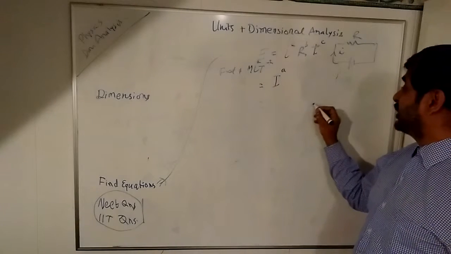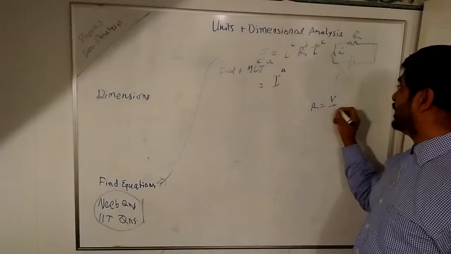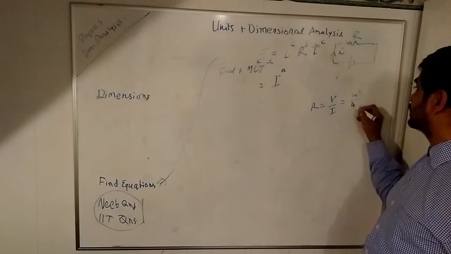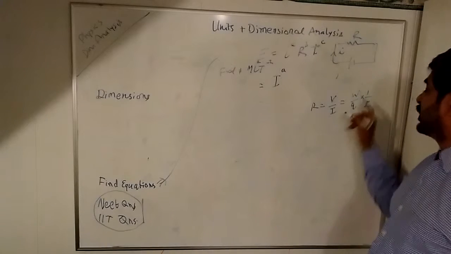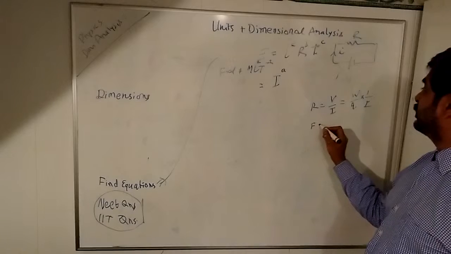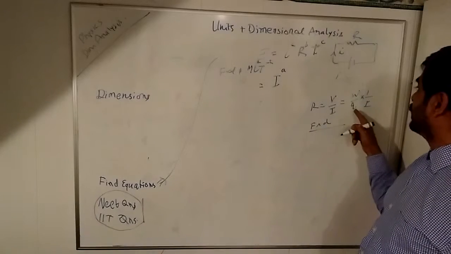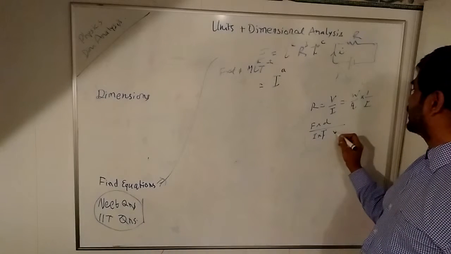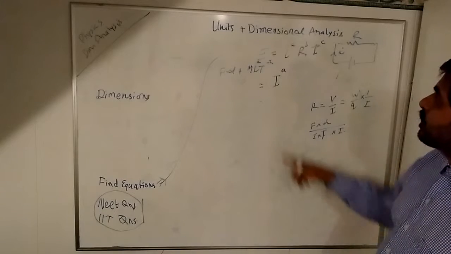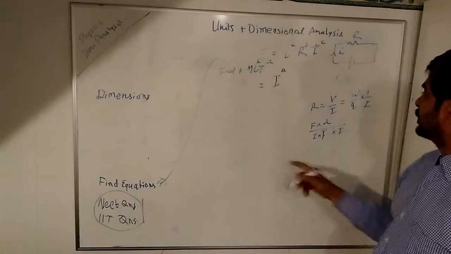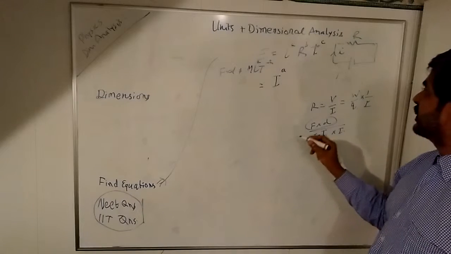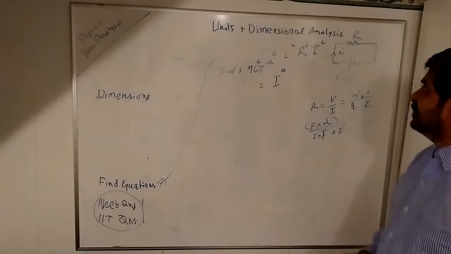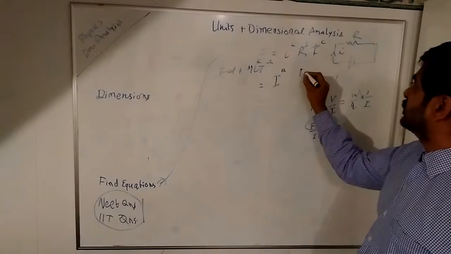To find out R, we use Ohm's law, V by I, and voltage can be expressed as work done on a unit charge, multiplied by 1 upon I, and the work done is force into distance, and then Q is I into T, multiplied by I. Let's write everything.